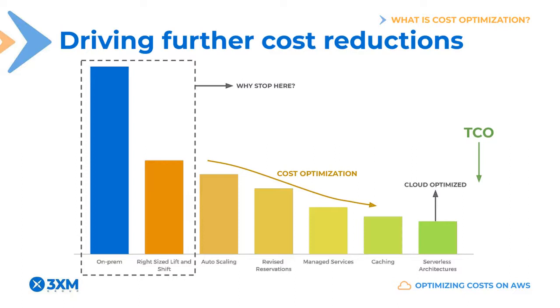Ultimately, the goal is to architect solutions for the cloud that take advantage of things like auto-scaling, managed services, distributed edge caches, serverless functions, and containers, not only to drive further cost reductions, but also to be able to innovate faster and free up time and capital for value-adding activities. And the good thing is, if you have a greenfield project in your hands and are not tied to an on-premises legacy architecture, you can design your workloads to take full advantage of the cloud from the very beginning.